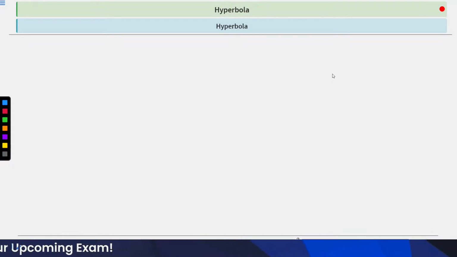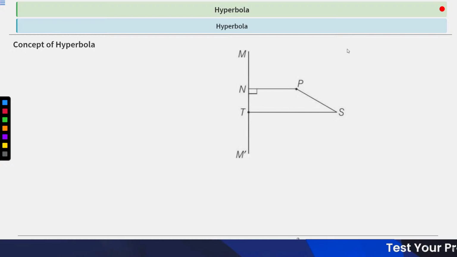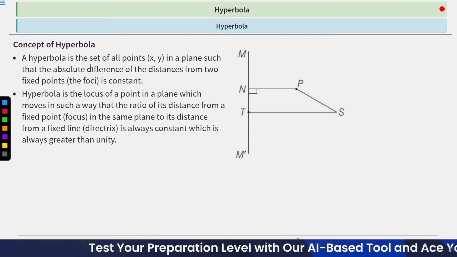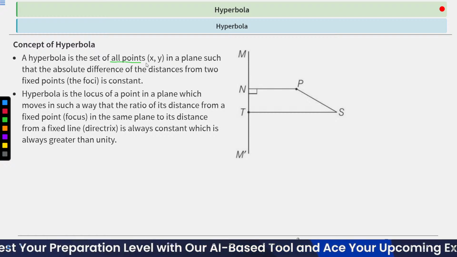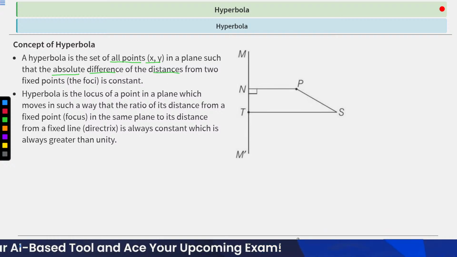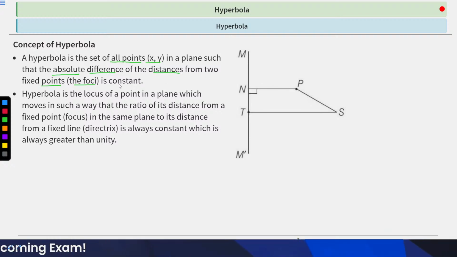Now, definition for hyperbola. So, concept of hyperbola. A hyperbola is a set of all points x,y in a plane such that the absolute difference of the distances from two fixed points, namely foci, is constant. So one definition is this.